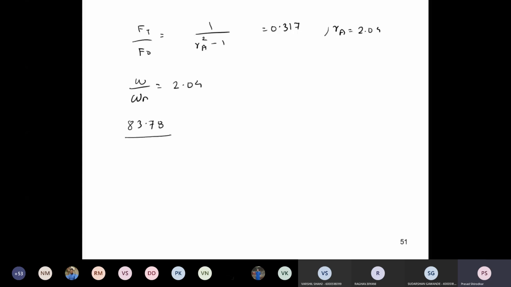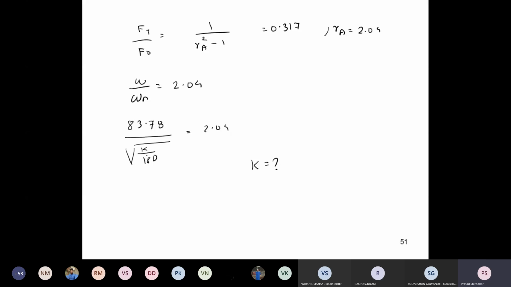83.78, and omega n is k by 180. So this is equal to 2.04. So calculate k. All right. So that is one part of the question.